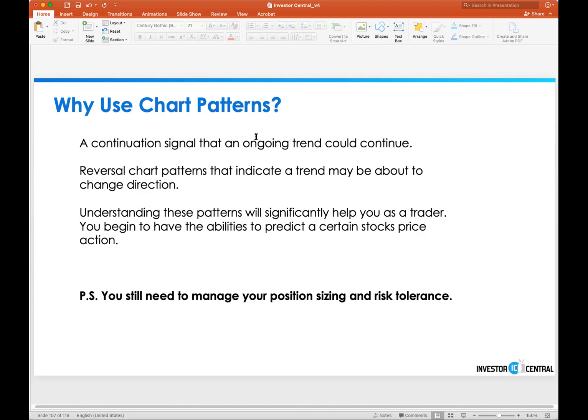So why use a chart pattern? First and foremost, chart patterns show you a continuation signal that a certain trend could continue in its given momentum, in its given direction. Let's just say it's going up, or a certain trend is making lower lows and continuing to show weak signs.